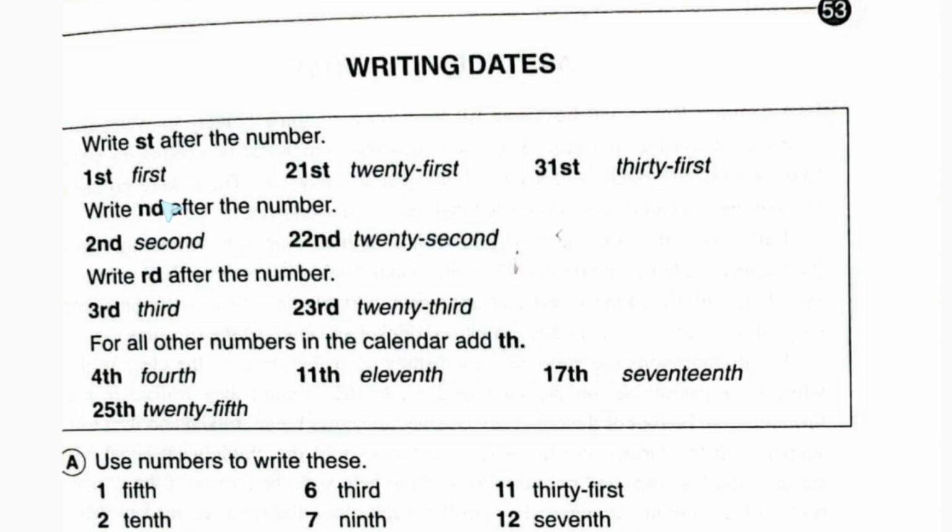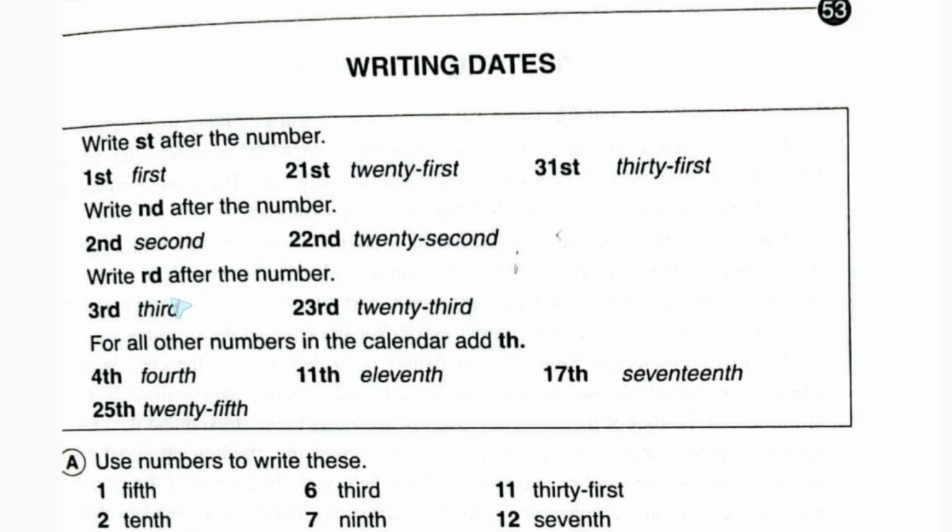Here in the box it's given, write st after the number. Means after first we write 1st, 21st, 31st. Then write nd after the number: second, 2nd, 22nd.